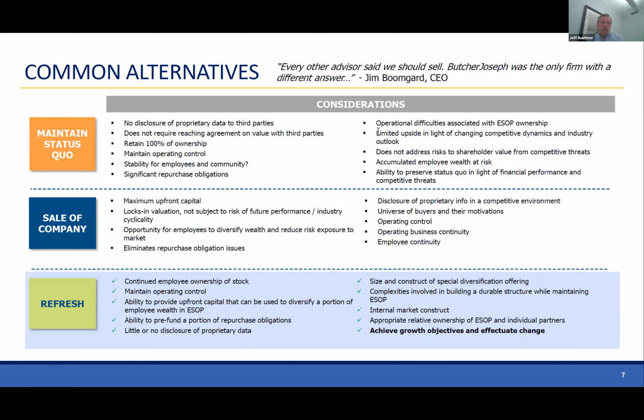So I think as businesses get to this inflection point where they're dealing with this confluence of forces, initially the knee-jerk reaction is there are two common alternatives, but there's really a third that exists that we've been focusing on today.